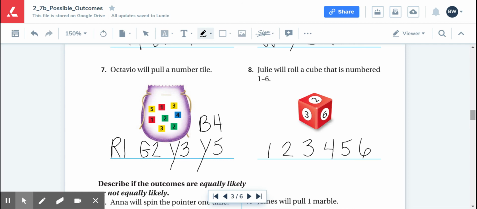We actually have a yellow 5 and a blue 4. Those are all of the outcomes that you could pull out of the bag. And of course, when we roll the dice, our outcomes could be the numbers 1, 2, 3, 4, 5, and 6. I hope that helps you understand what an outcome is.